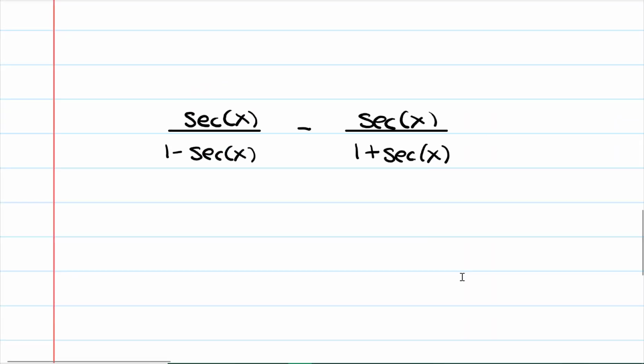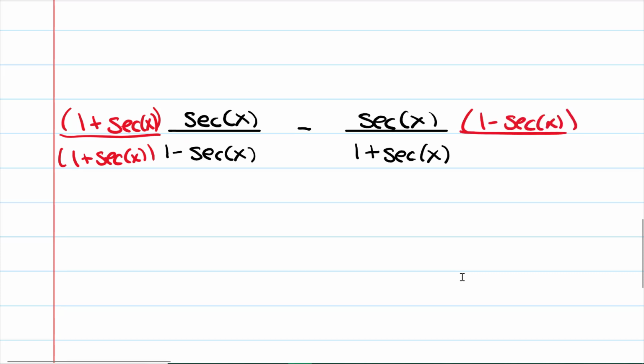Okay, now we're going to work out the next one. So same idea. I need common denominators. So I'm going to multiply the left one by 1 plus secant of x over 1 plus secant of x. And I'm going to multiply the right one by 1 minus secant of x. Now very, very carefully, I'm going to multiply the numerators.